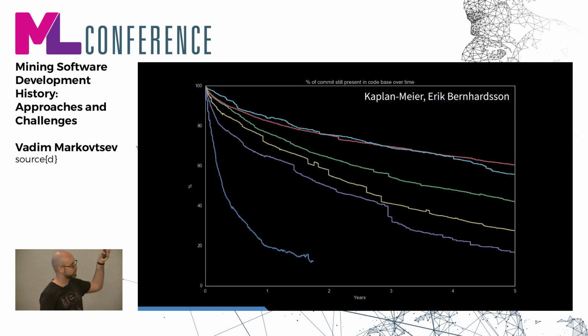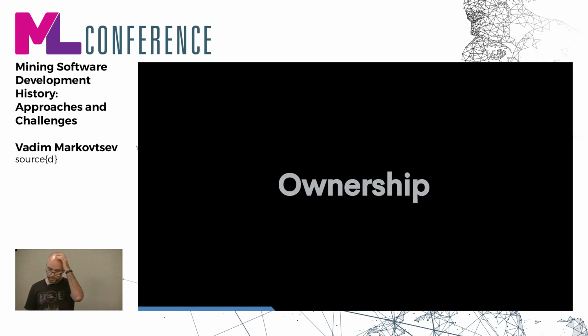This is plotted for several open source projects, and I think this is AngularJS, which was overwritten in 6 months or so. So you can estimate the half-life of your code looking at this plot. All right. You can track the ownership of your lines apart from the dates they were created or overwritten.